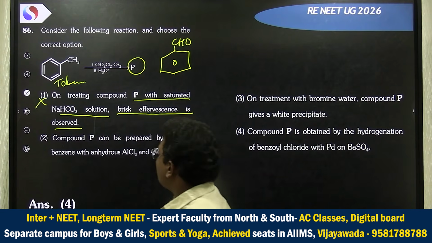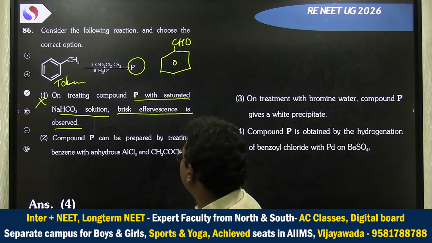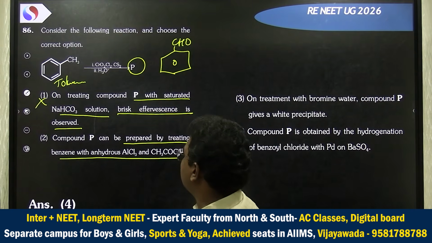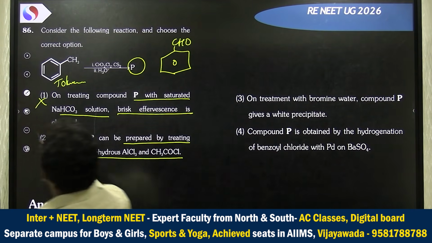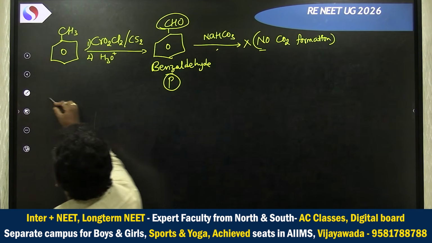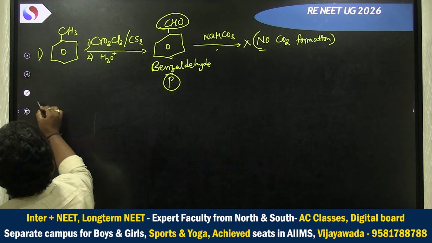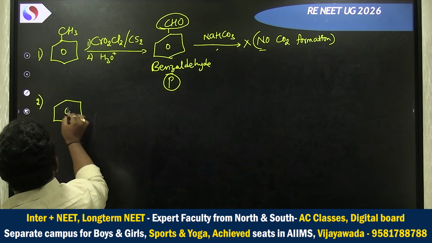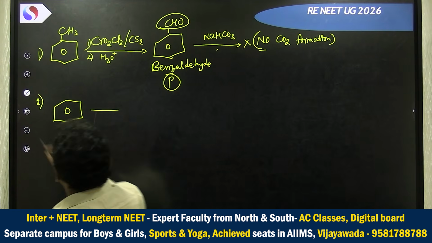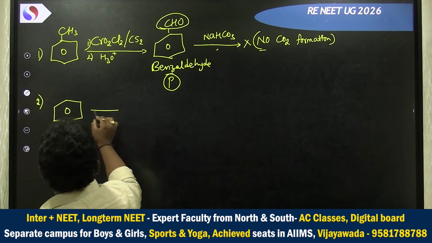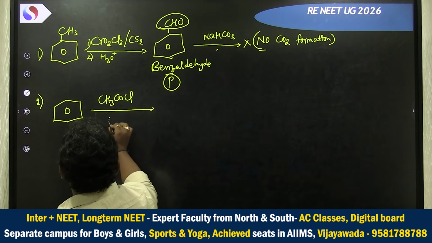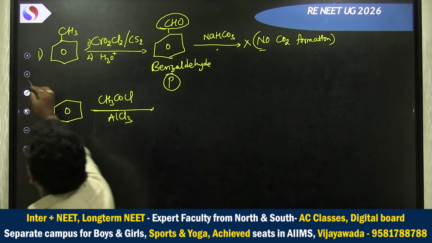నెక్స్ట్, కాంపౌండ్ P can be prepared by treating benzene with anhydrous AlCl3. సరే చూద్దాం. సెకండ్ ఆప్షన్. లెట్ us డిస్కస్. బెంజీన్‌ని ఎవరితో ట్రీట్ చేయాలన్నారు? CH3COClతో AlCl3 ప్రెజెన్స్‌లో ట్రీట్ చేయాలన్నారు అంతేనా?